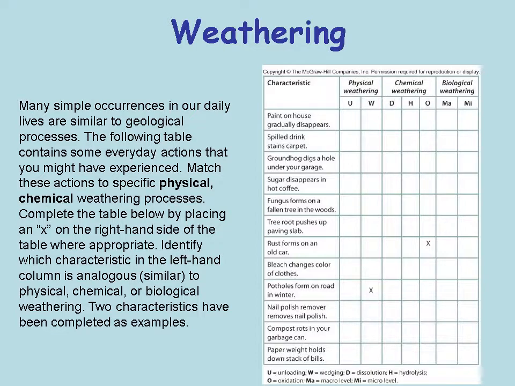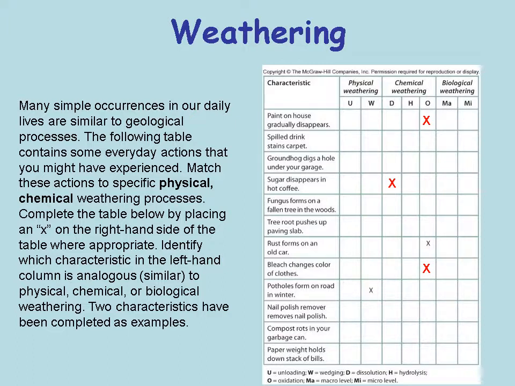Let's see what we've talked about so far, just kind of summarize that. Chemical weathering and physical weathering. Well, paint on a house gradually disappearing would be oxidation, and that'd be a type of chemical weathering. Sugar disappearing in hot coffee would be dissolution, and that'd be an example of chemical weathering.